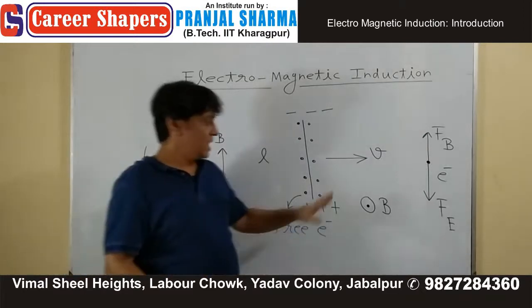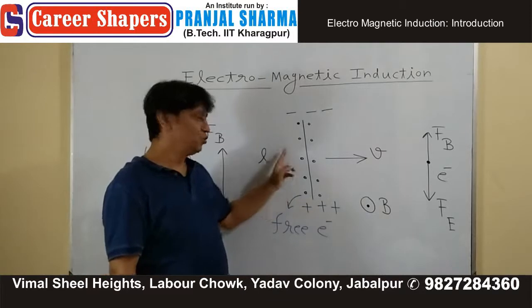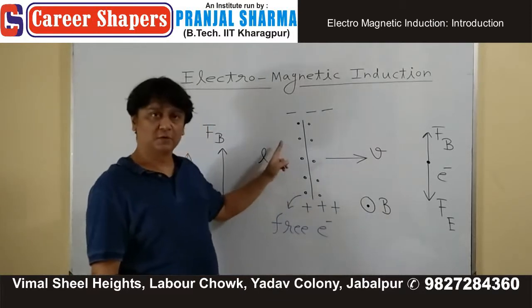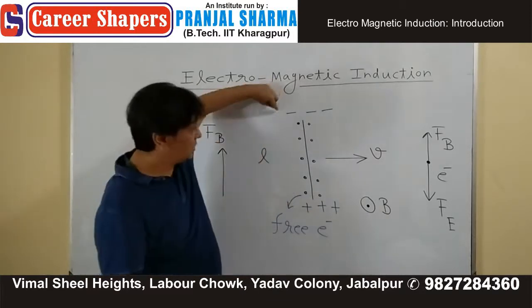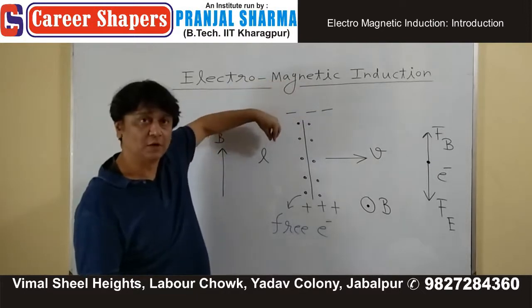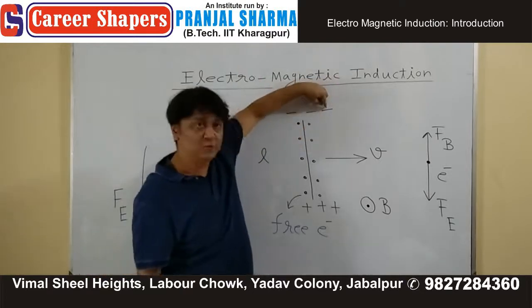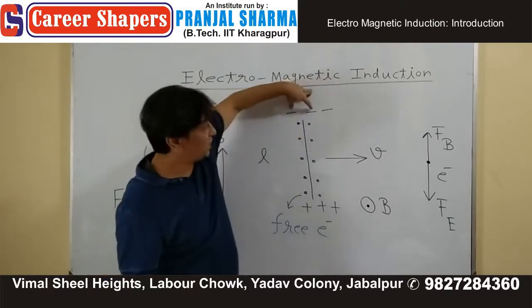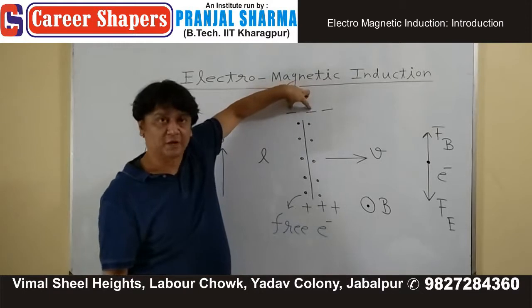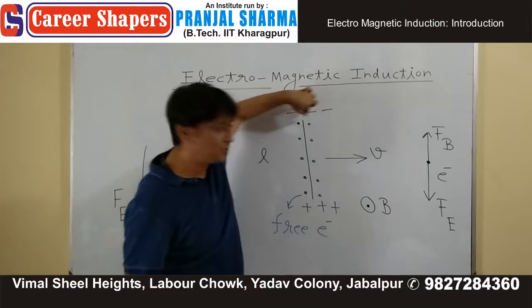Now, as magnetic force starts moving fourth electron, now there are 3 electrons which are opposing the fourth one. Listen again. When third was being pushed up, only 2 were opposing it. Now when fourth is being pushed up, 3 are opposing it.